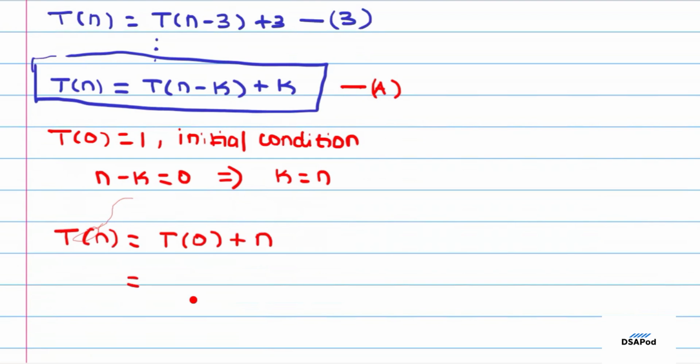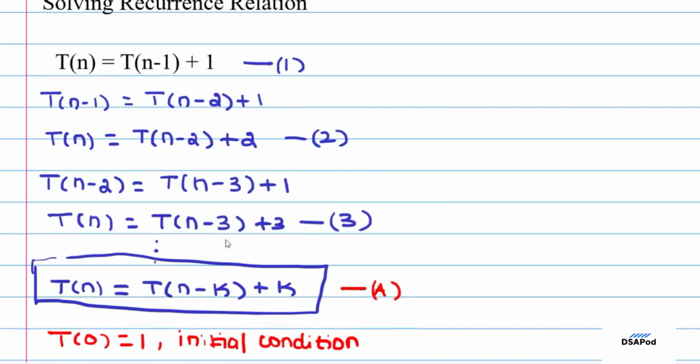So according to the initial condition, t of 0 is 1. That is 1 plus n. This is equal to big O of n or big theta of n. So this is the corresponding time complexity of the given recurrence relation.